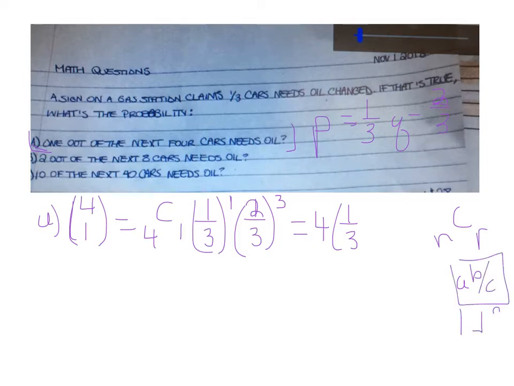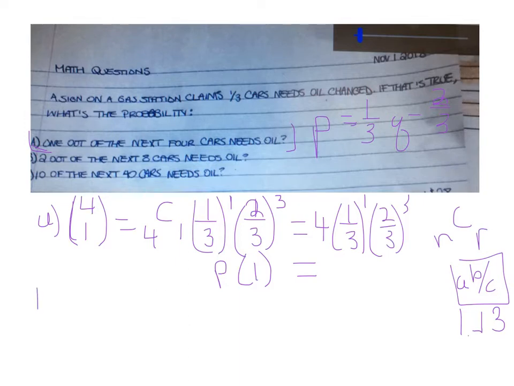If you hit 1, A B C, and then 3, it'll give you the fraction 1/3. You're going to put that to the exponent 1, and then you're going to put in 2/3 to the exponent 3. And whatever answer you get, that's the probability of one of the cars needing an oil change, okay?